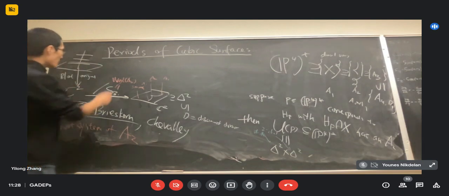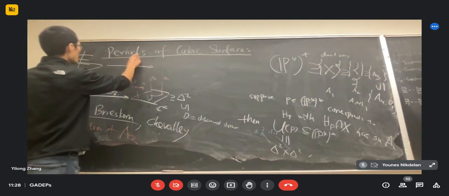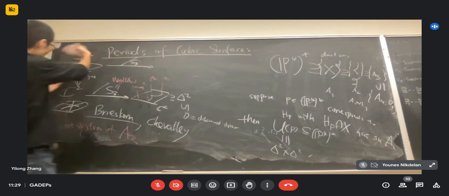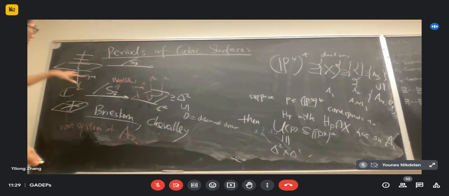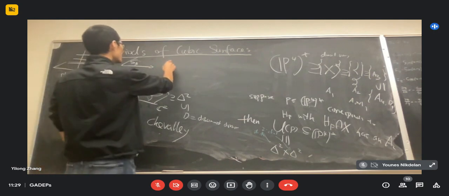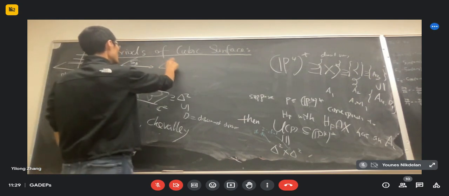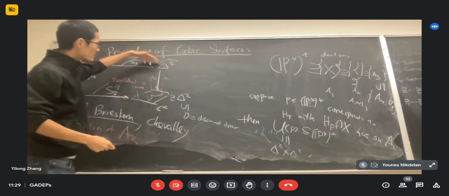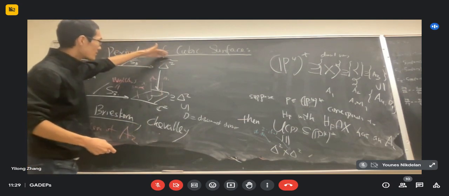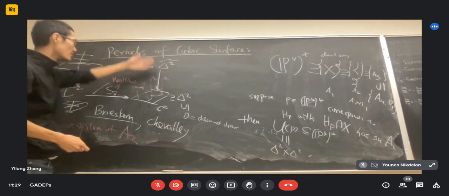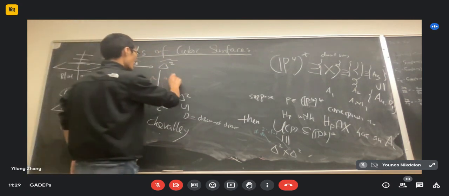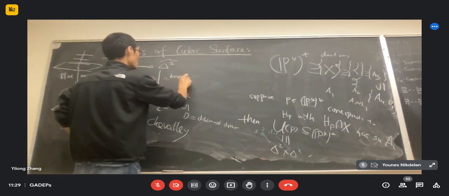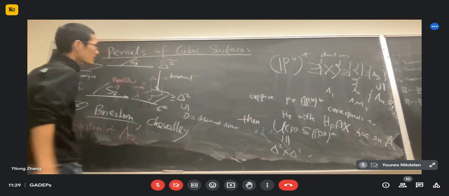By passing to the quotient on this blow up, because this exceptional divisor is invariant, you really get some two-dimensional space, delta 2 tilde, with a map to this, which is birational.